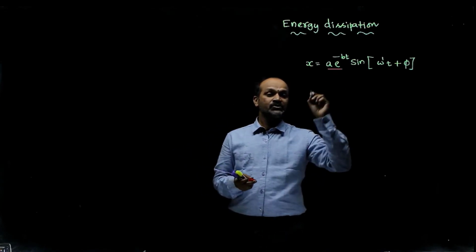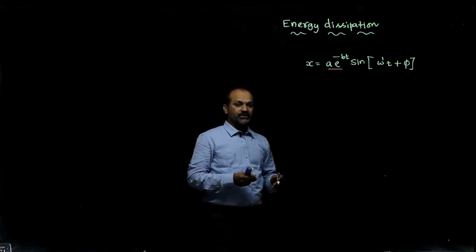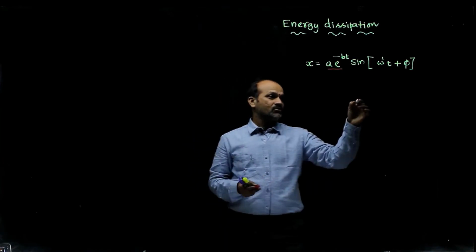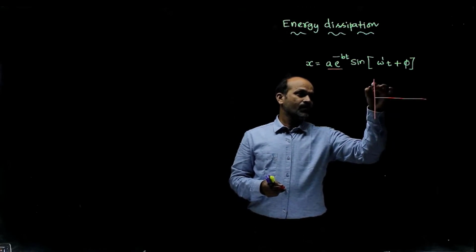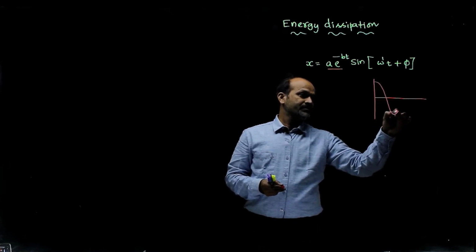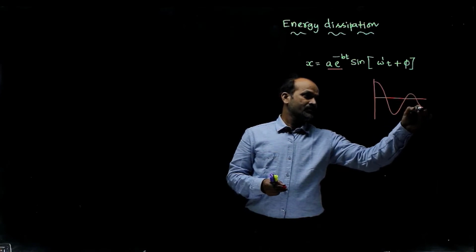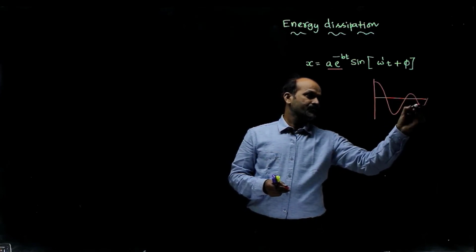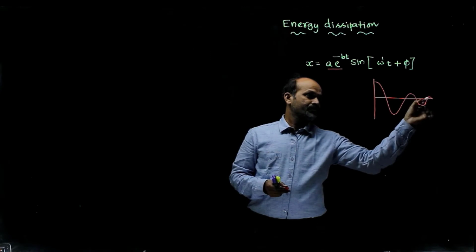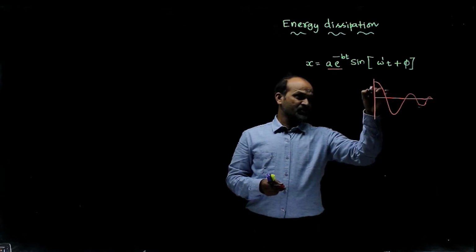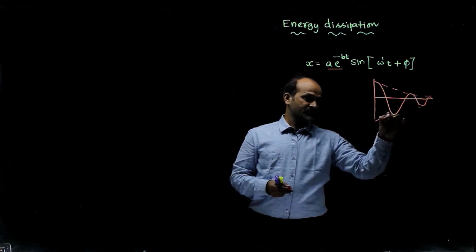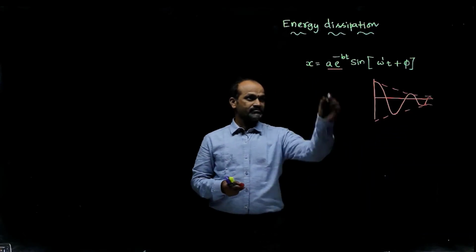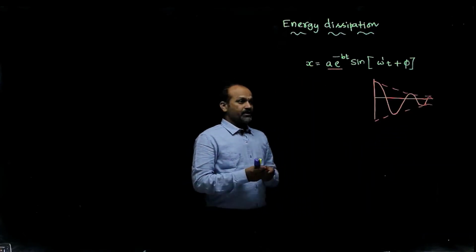This is the amplitude, a into e power minus bt, and we have seen in the last video how the amplitude decays exponentially. This is exponential decay, e power minus bt.